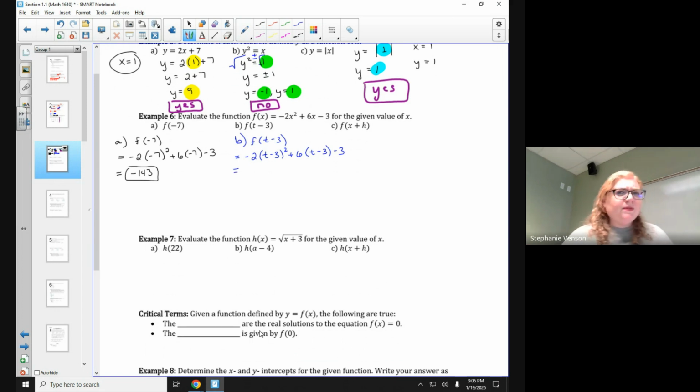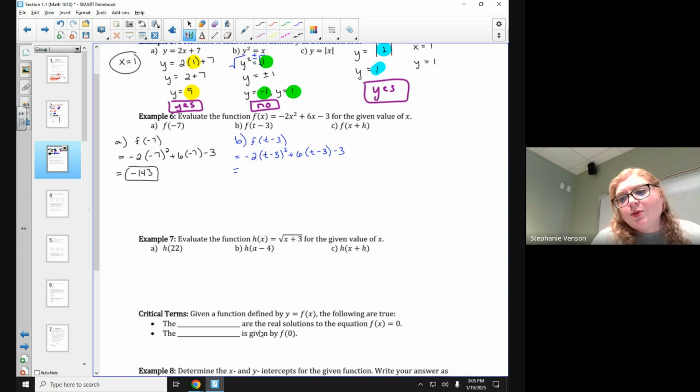Okay, let's simplify that a little bit. Remember that t minus 3 squared means t minus 3 times t minus 3, because to square something means to multiply it by itself. That's why 5 squared is 25, because 5 times 5 is 25.